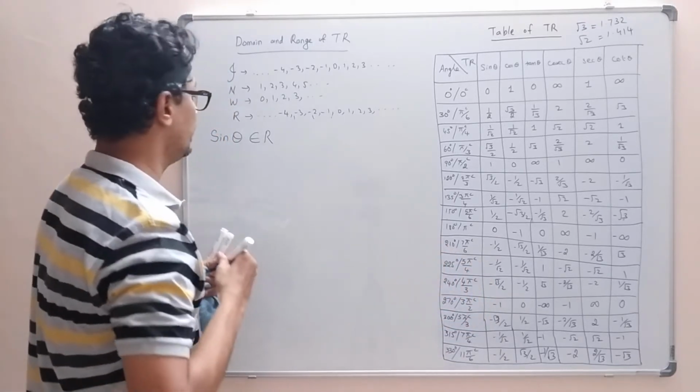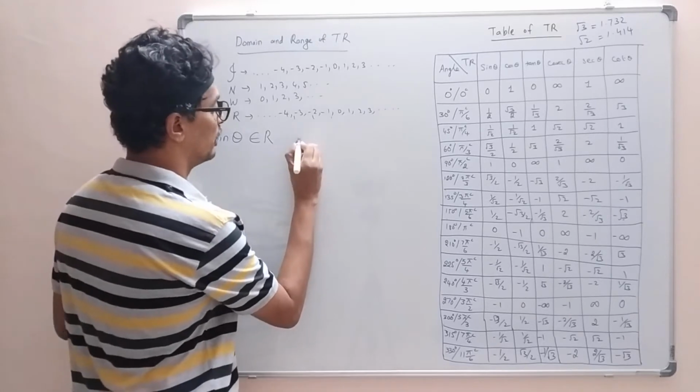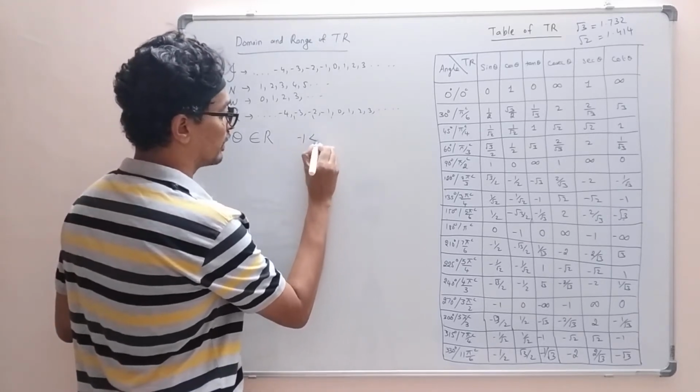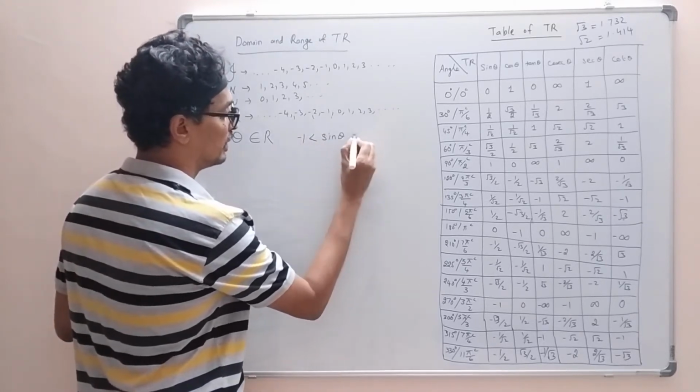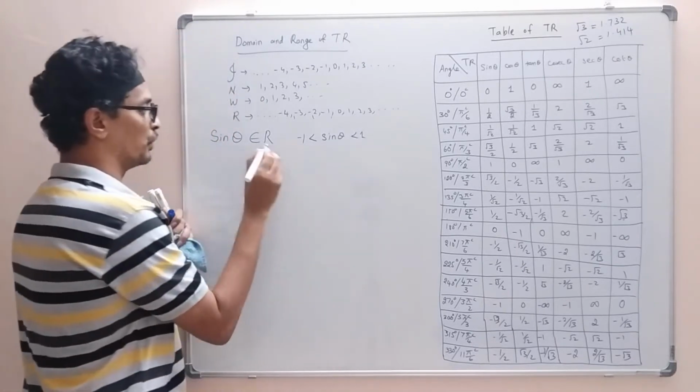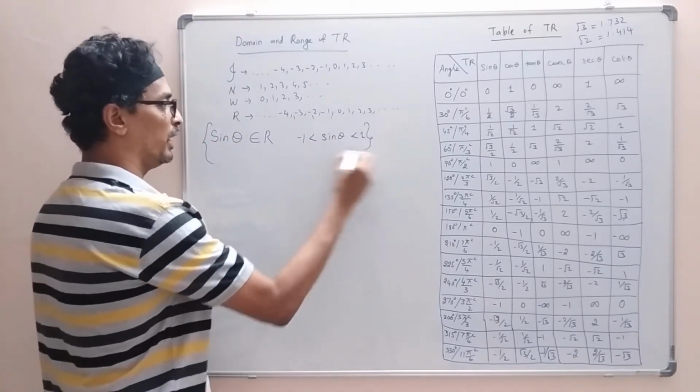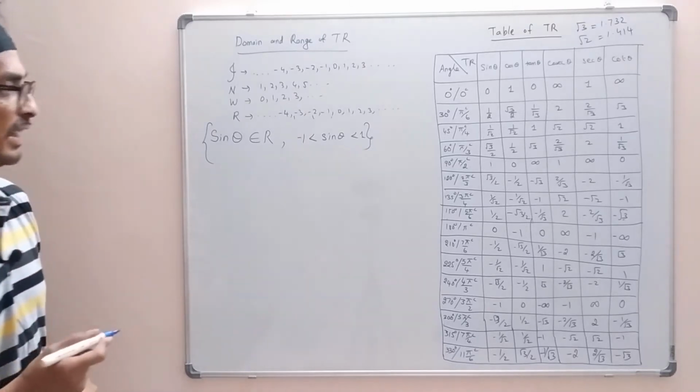So your sin theta range is -1 to 1, and this defines the domain and the range of sin theta.